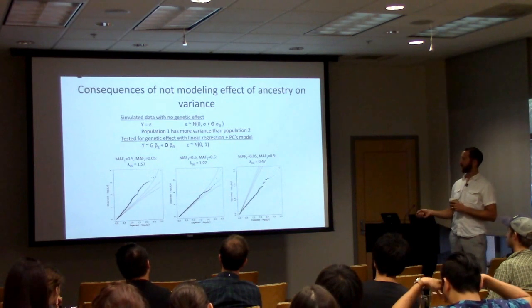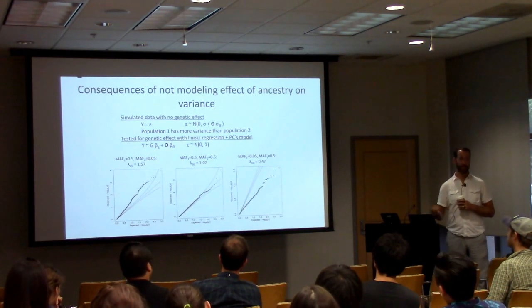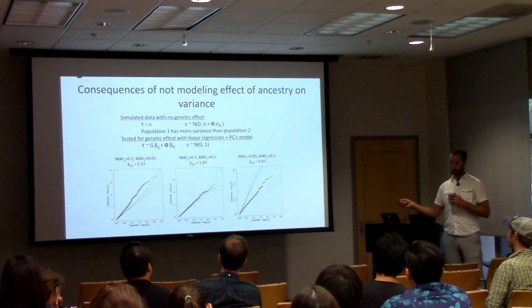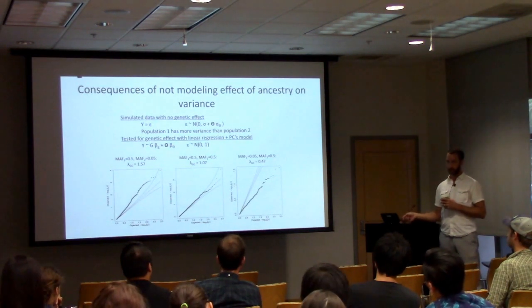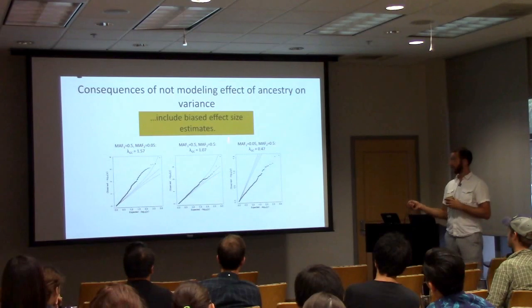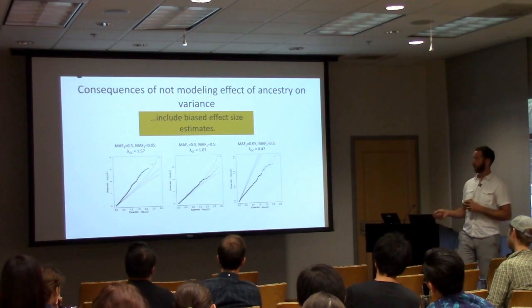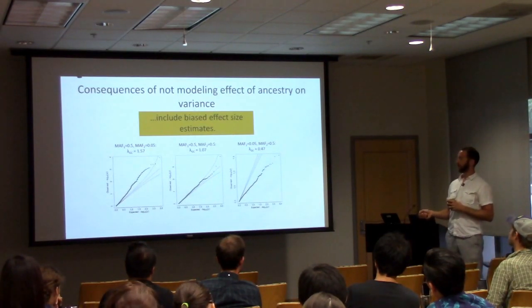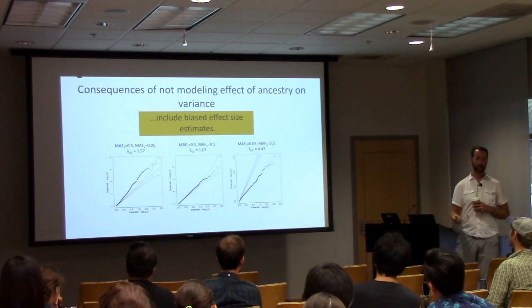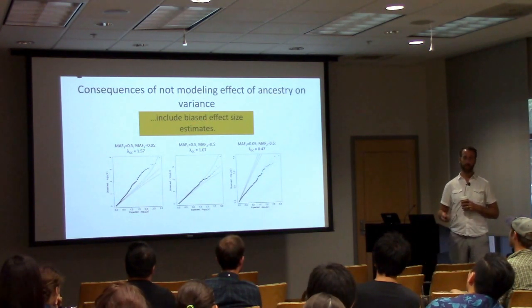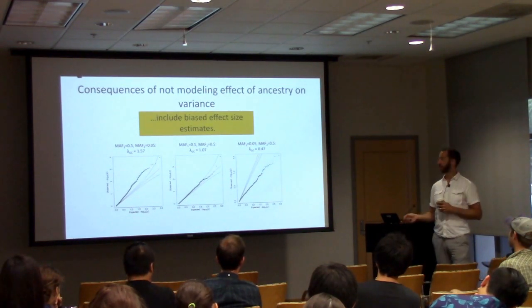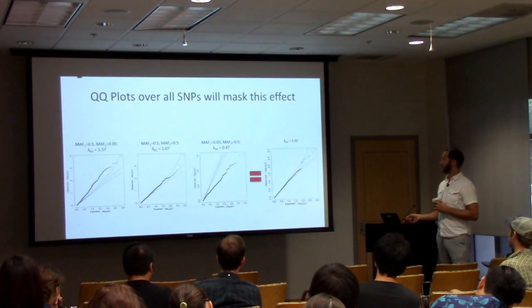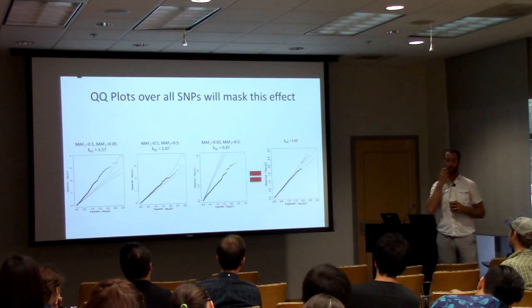And so when we generate data under this model, we have these strange QQ plots where there's a lot of inflation and deflation. And this also includes biased effect size estimates. So if we actually had a causal variant, the estimates of the effect size of the causal variant with linear regression with PCs are incorrect.